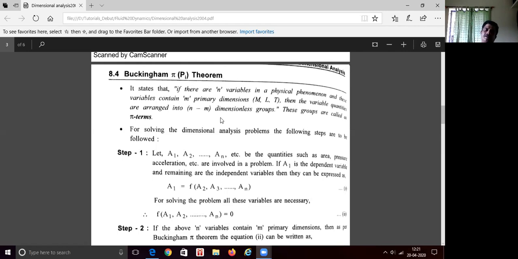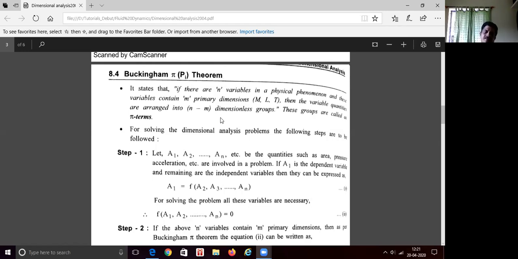L unit is meter, breadth unit is meter, but when we write length divided by breadth, that is L by B, meter and meter cancel, and that becomes a dimensionless number. L by B becomes a dimensionless number. So in this Buckingham pi theorem, that is the most important thing. We have to find dimensionless groups.